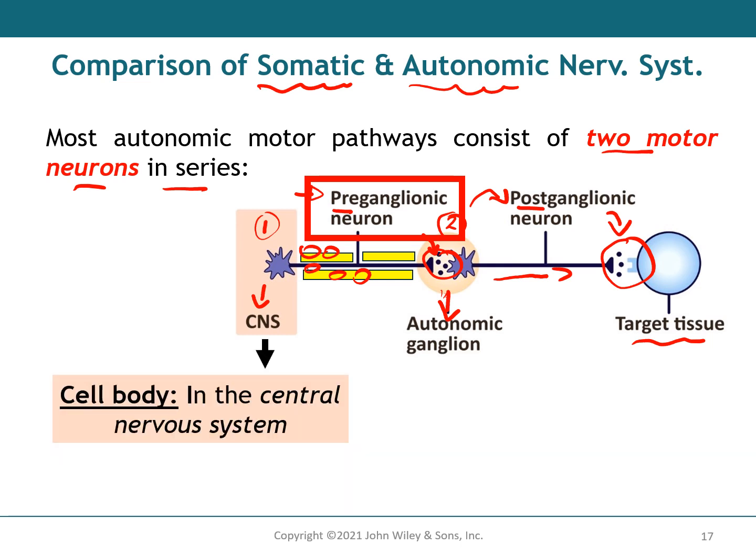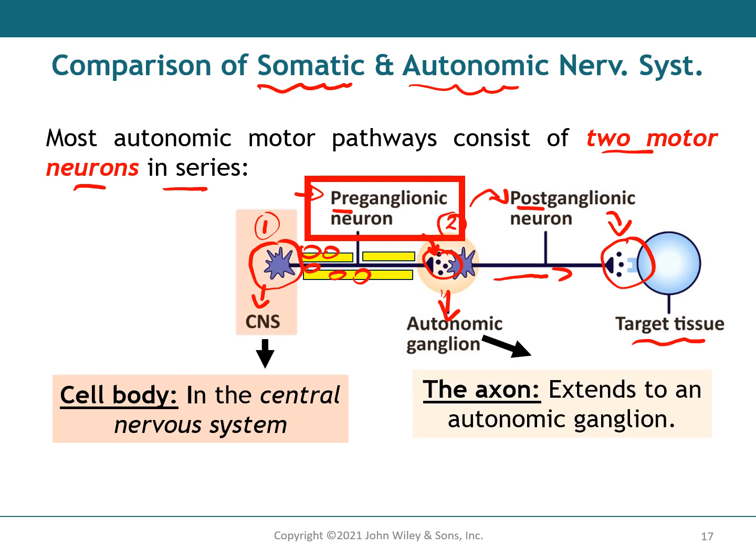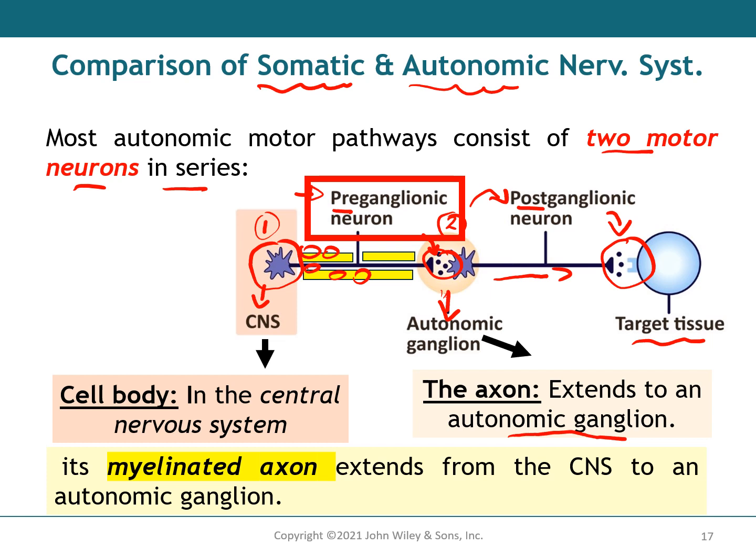This preganglionic neuron, the cell body, is going to be in the central nervous system. So here you can see the cell body. And on the other hand, the axon is going to extend to the autonomic ganglion and is going to be covered by myelin that will extend from the central nervous system to the ganglion.